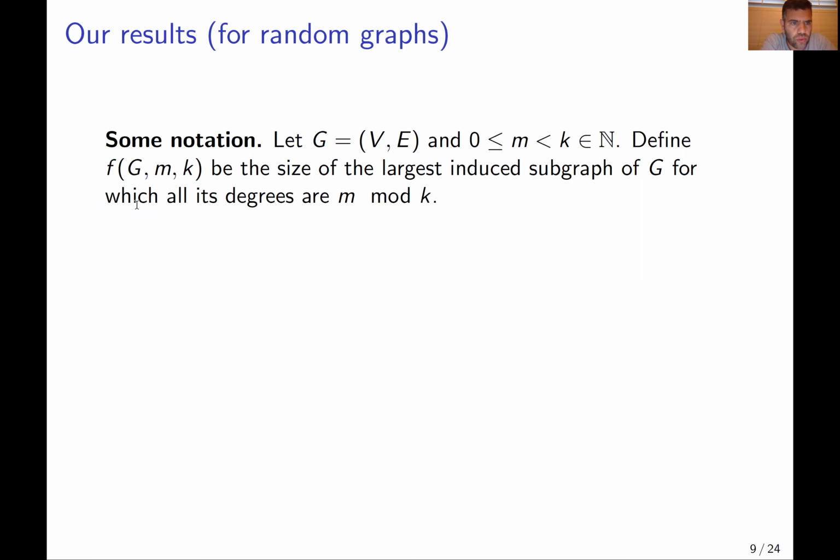So now I just want to generalize it a little bit. So we'll define f(G, m, k). It's the size of the largest induced subgraph of G for which all its degrees are m modulo k. Okay, so in particular, f(G) we can write as f(G, 1, 2). It's the size of the largest induced subgraph of G for which all its degrees are 1 mod 2, or in other words, just odd.